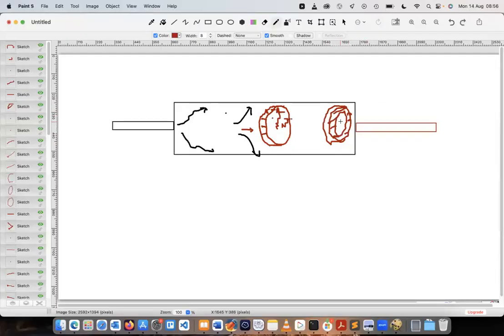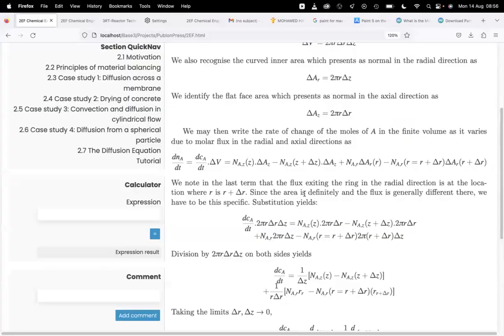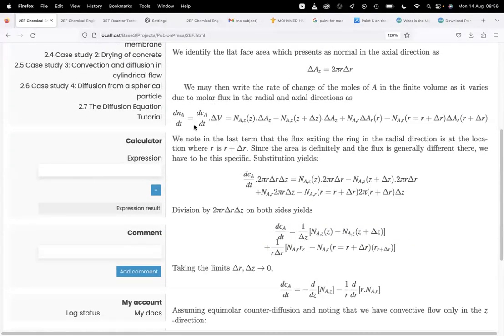We know that's going to change with time due to axial flux and due to radial flux. We have two terms for axial flux, and another two terms for radial flux. This last term is pretty long because we are specifying all the arguments there, but we'll get to that.